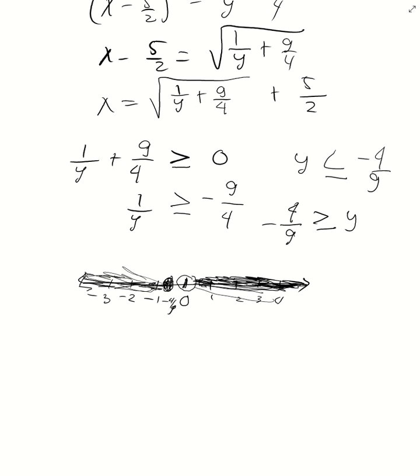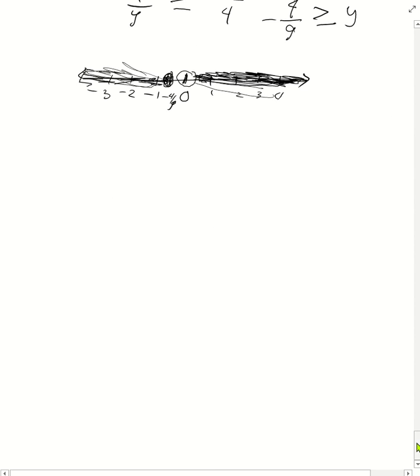So if we write now our final value of our range, we start with the positive 0, but 0 is not included, so it's a parenthesis, from 0 up to positive infinity, and also positive infinity is not included, and we take the union of this set to the negative one, from negative infinity up to negative 4 over 9, but negative 4 over 9 should be included, so this should be a bracket, so this will be our range.